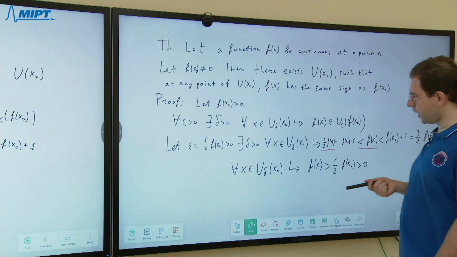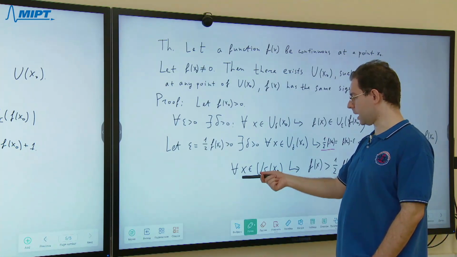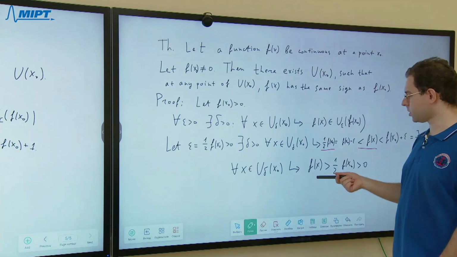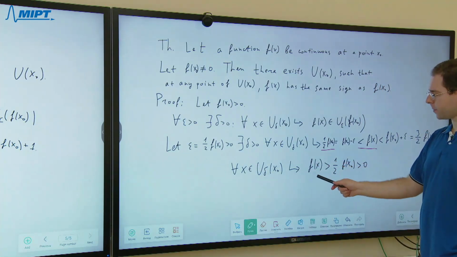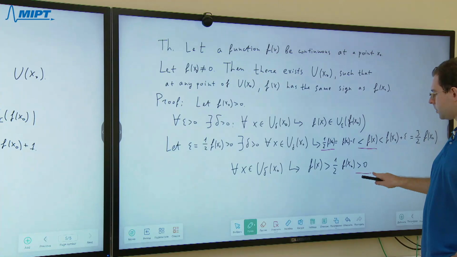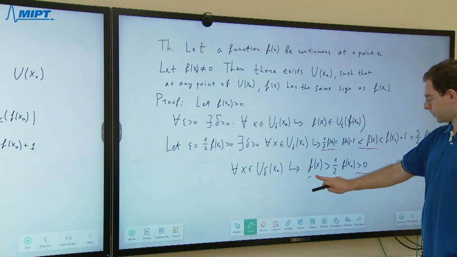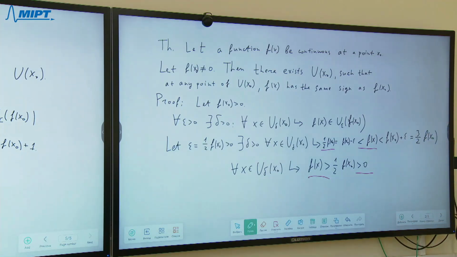So I have found a neighborhood such that in this neighborhood f of x attains only positive values. F of x is positive. End of proof.